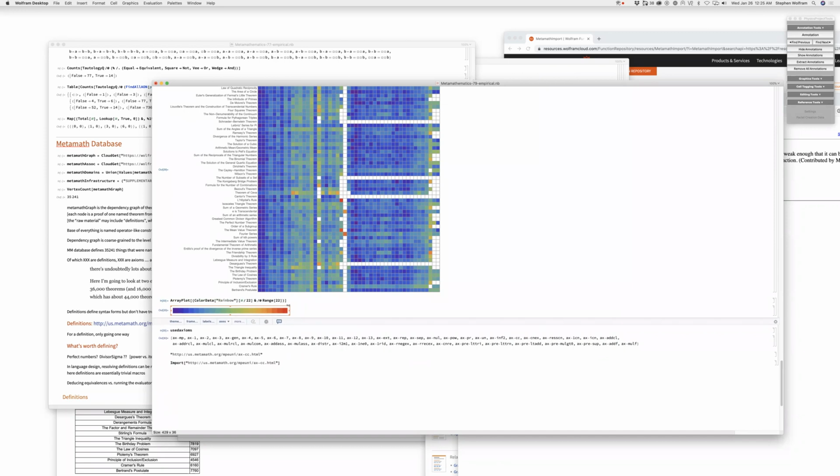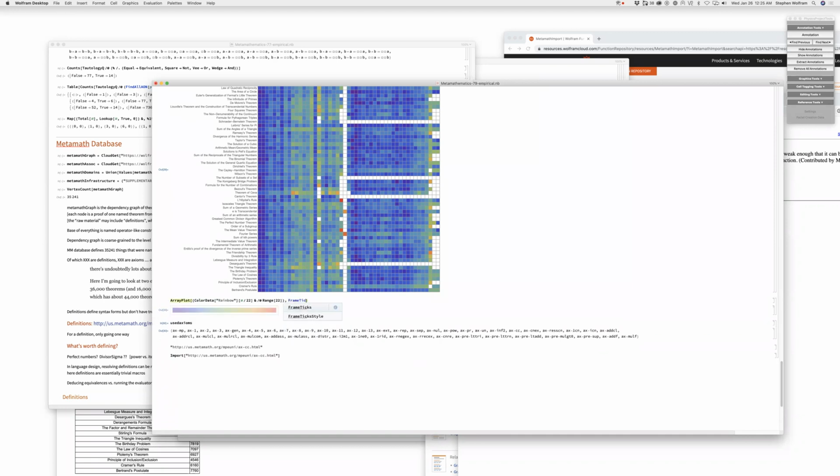So I agree that that's useful to put in there. But that goes from one, and if we really wanted to, we could just say frame ticks arrow true.